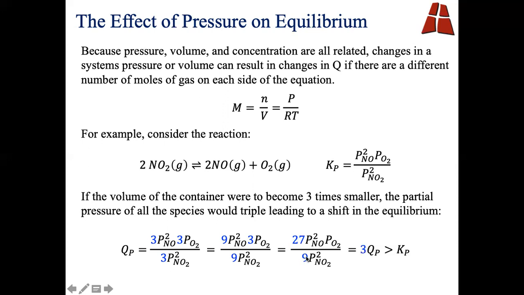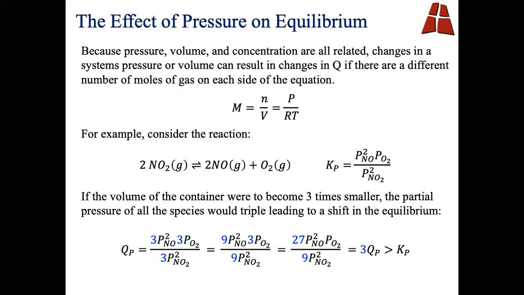And if we simplify that, in order to calculate Q, we would figure out that Q would be 3 times K in this sort of situation. And so that's just how we can think about how changes in pressure and volume relate to changes in Q versus what we start with, with K.